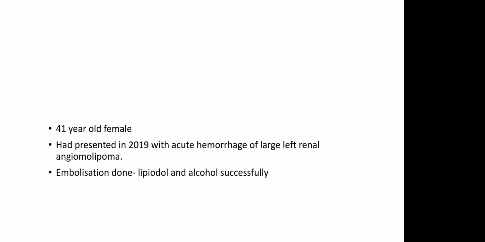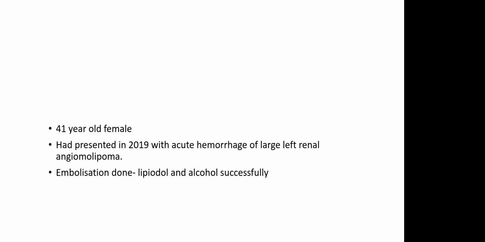The next one is a 41-year-old female. She came in 2019 with acute intra-abdominal bleeding, and this is because she had what we call a left renal angiomyolipoma. Angiomyolipoma is also a benign lesion, but having abnormal vessels within it with small pseudoaneurysms.